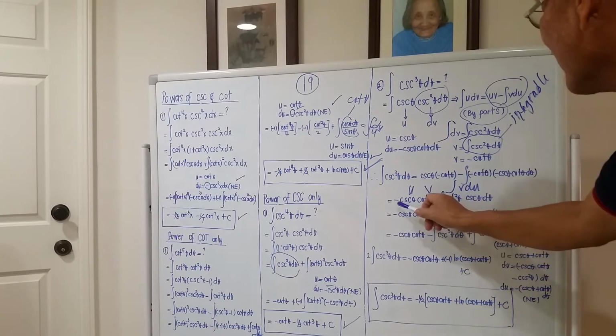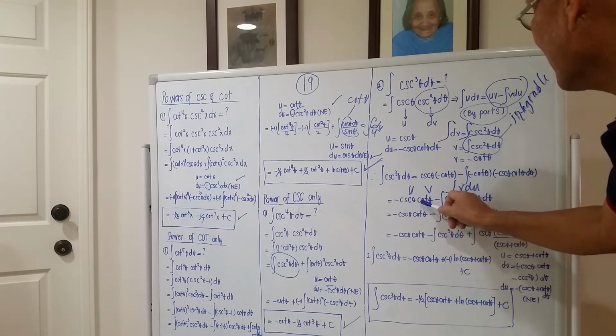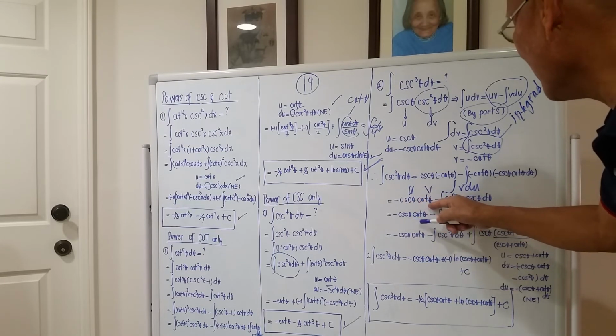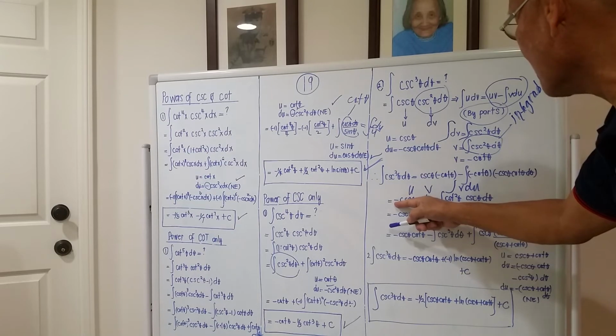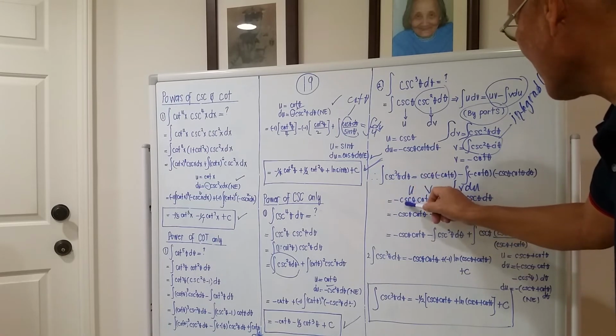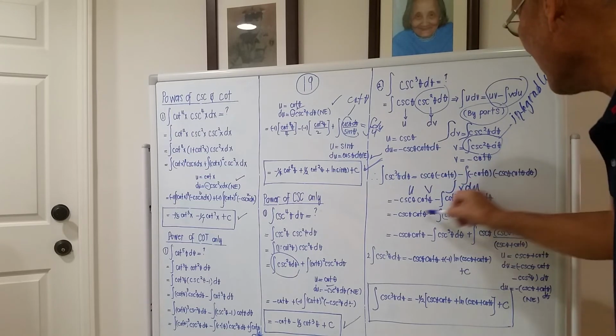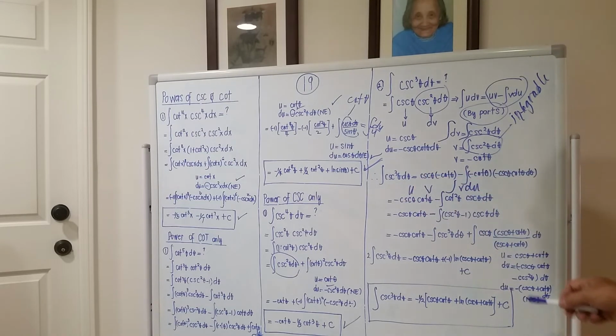So I now place the negative sign over here. This was plus originally, but v will be negative, so I place the negative sign here already. Negative cosecant theta, cotangent of theta, that is the product of uv. Minus the integral. What is v? Negative cotangent of theta. And what is du? Negative cosecant of theta, cotangent of theta, differential theta.